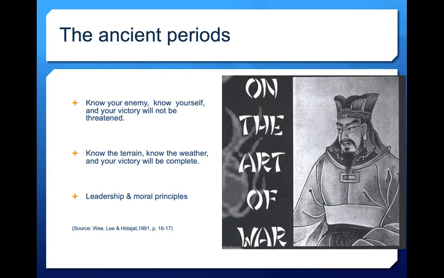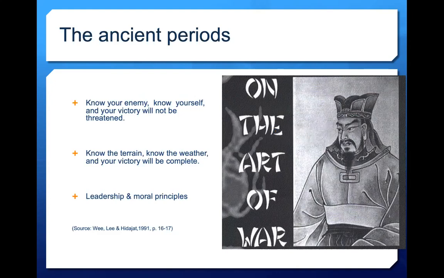complete. These two lines basically suggest the importance of planning, and if we look at today's management concepts, we look at business planning, for instance, that starts with understanding the external situation and also the internal situation.